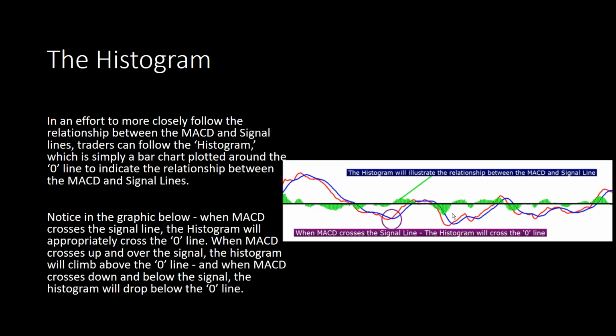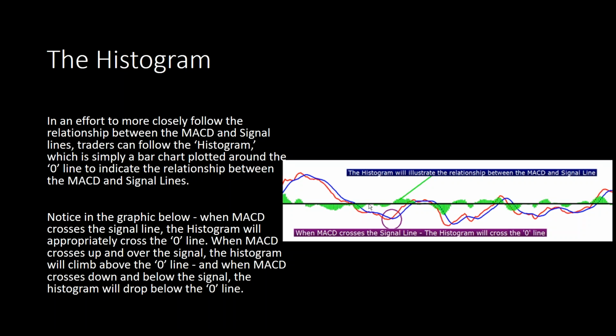And this histogram is simply a visual representation of the difference between the MACD and the signal line. So instead of having to look for the crossovers and the convergence and divergence, you can see them in a histogram, because when the histogram is right at the zero line, what's happening?